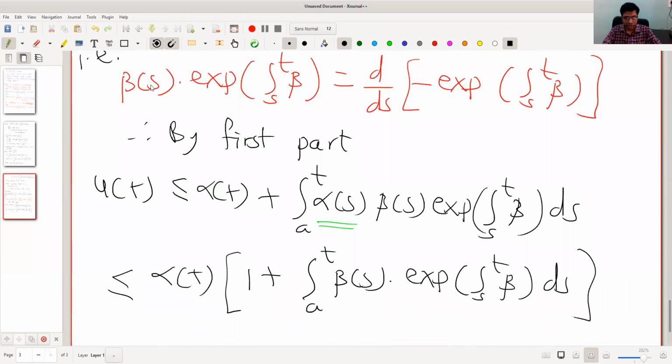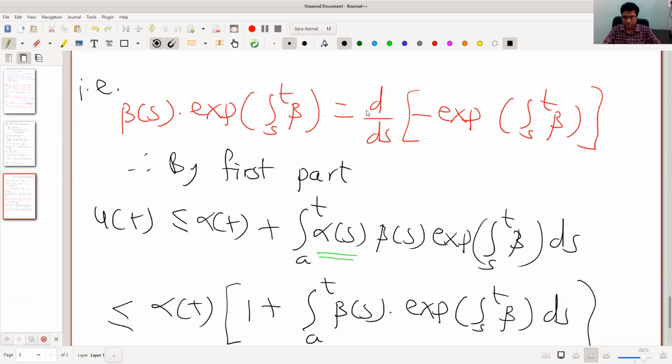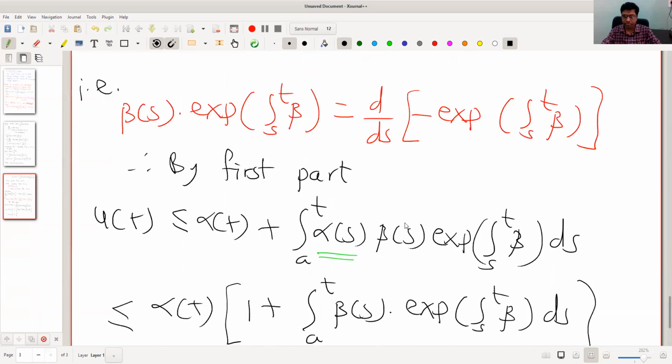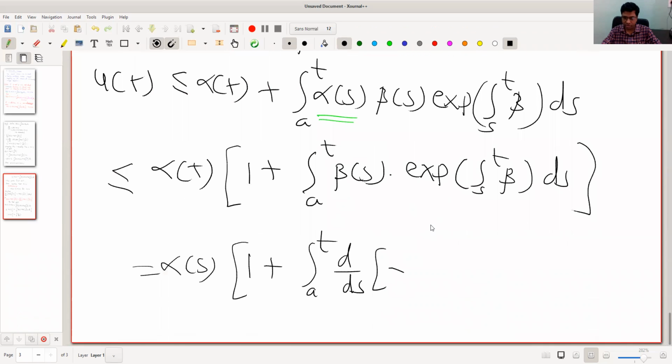Now the second thing, beta of s into e raised to the integral. We can use this as d by ds. So the right hand side is equal to alpha of s as is, multiplied by 1 plus the integral from a to t, and this we can write as d by ds of minus e raised to integral s to t beta ds.